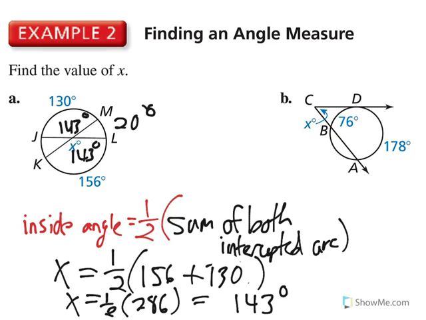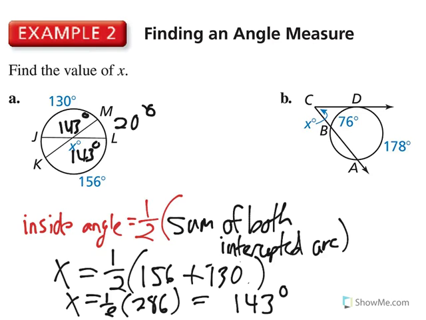And so technically you could solve for the other two angles, you would need at least one of JK to solve for the other two arcs, you just can't solve for those yet.